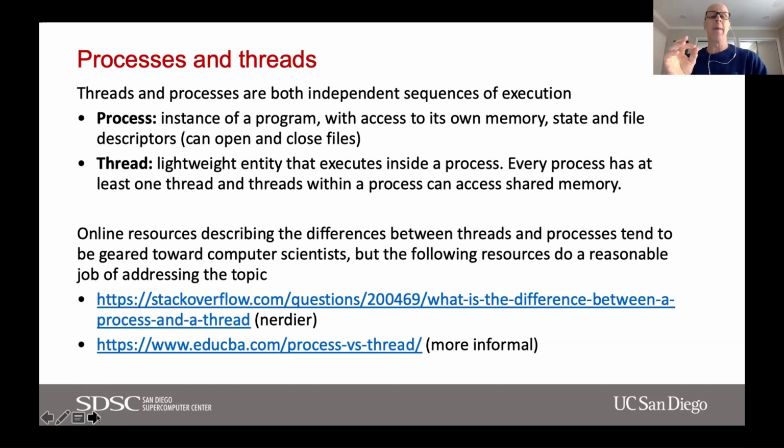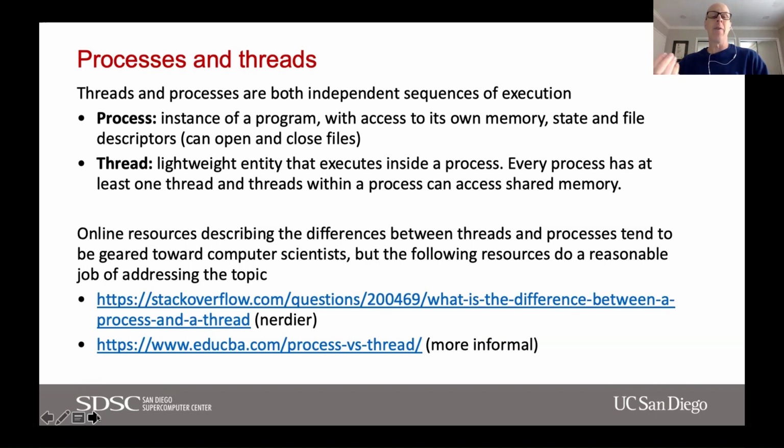These are both independent sequences of execution. You could think of a process as an instance of a program with access to its own memory, state, and file descriptors. So when we are running an MPI application, which we'll be talking about in a few minutes, you could think of this as being many independent copies of that program running on their own and then occasionally communicating.